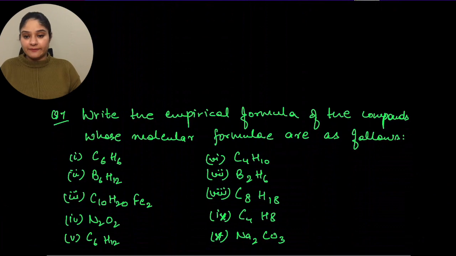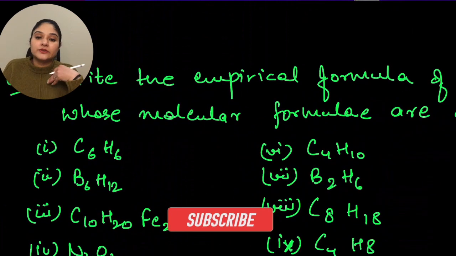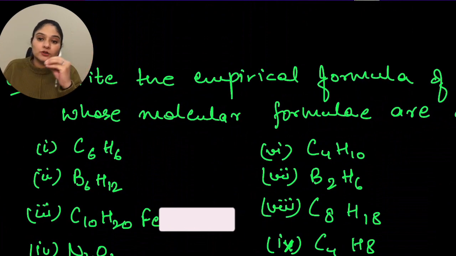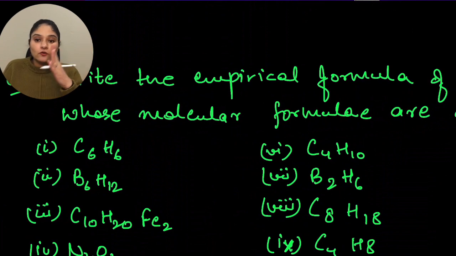Let's move ahead. Question number 7. Write the empirical formula of the compounds whose molecular formulas are given. The molecular formula is given to you, and as we've discussed already in mind mapping, an empirical formula is the shortest or simplest form of your formula. If your formula is C6H6 and you divide both the numbers by 6, you end up with CH.